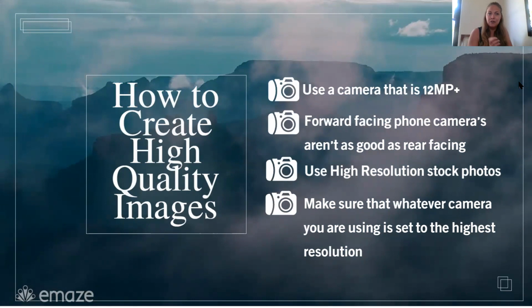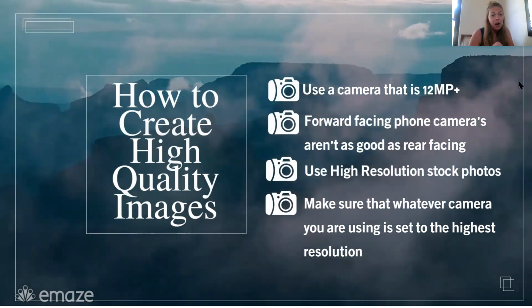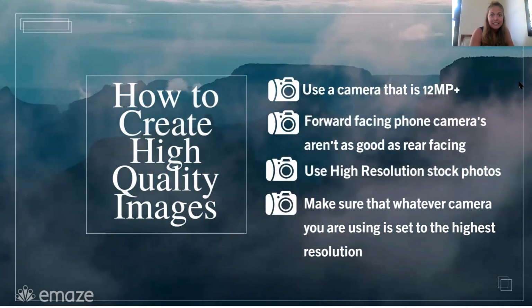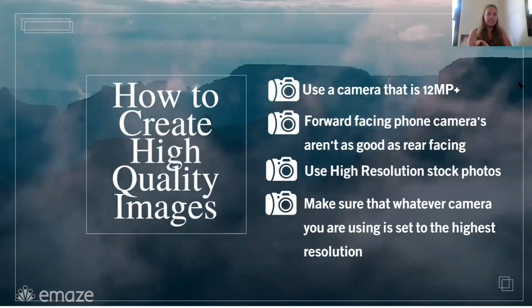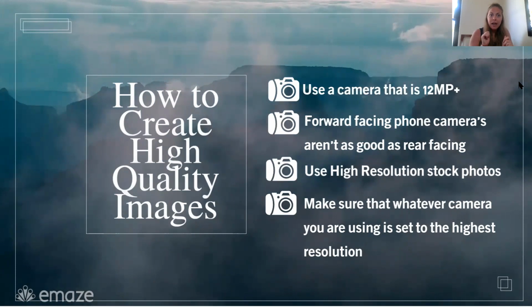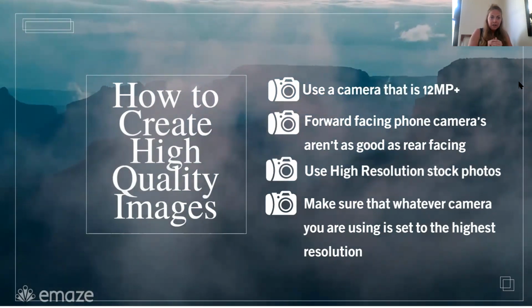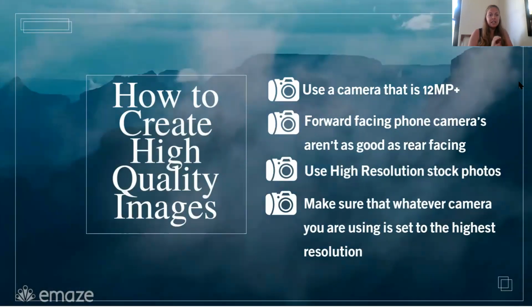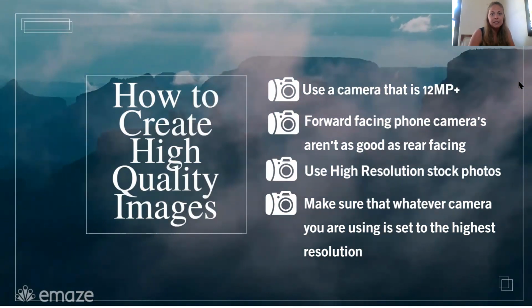So like I said, your forward-facing camera is not as good as your backward-facing camera. So if you could even just set your phone up, set it on a timer, turn it around, and walk away from the camera is a really good way to capture images.